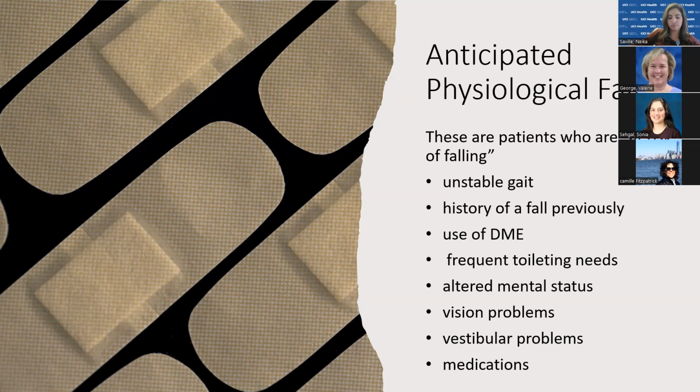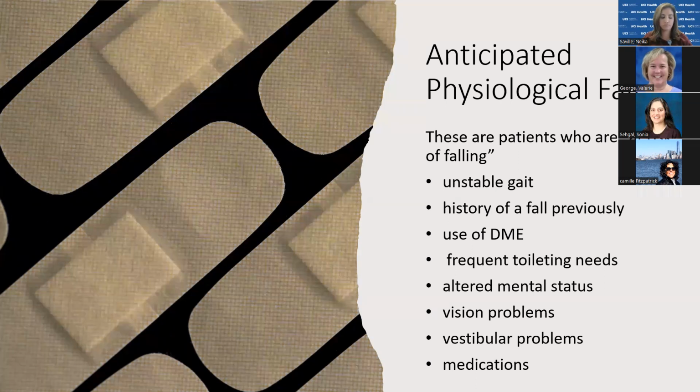So unstable gait from osteoarthritis, rheumatoid arthritis, diabetes with neuropathy, spinal stenosis with radiculopathy or neuropathy. Some movement disorders like Parkinson's, or within Parkinson's, multi-system atrophy that changes the blood pressure up and down, which can cause orthostatic hypotension, or tremors. A history of a previous fall puts you at a higher risk for having another fall.